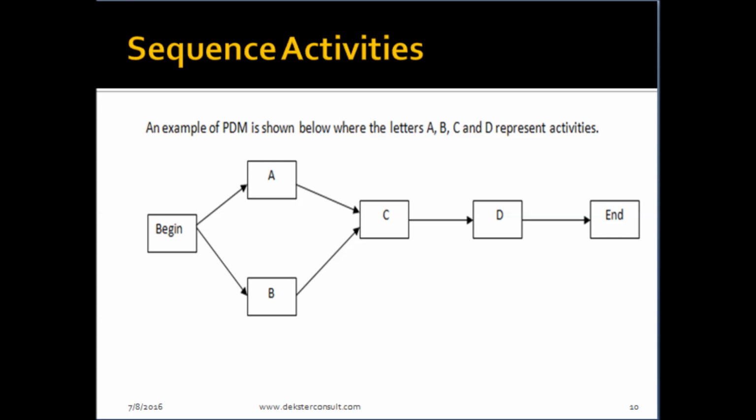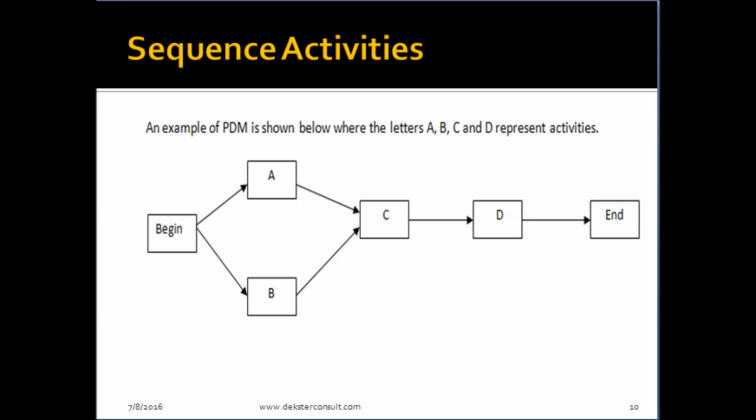Now this is an example of using a precedence diagramming method to sequence activities. We see the letters A, B, C, and D representing activities, interconnected with lines or arrows.